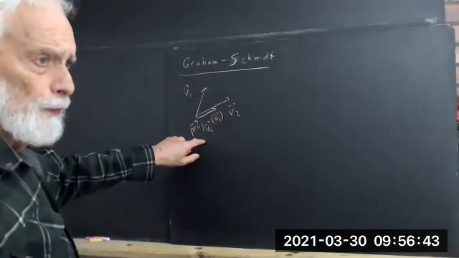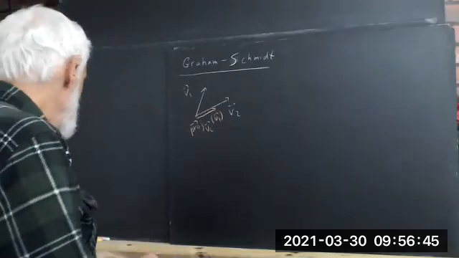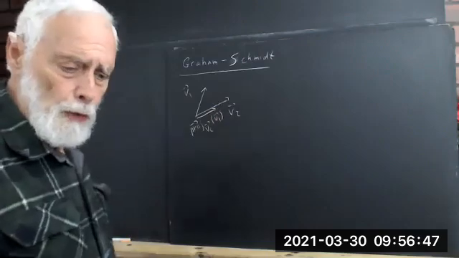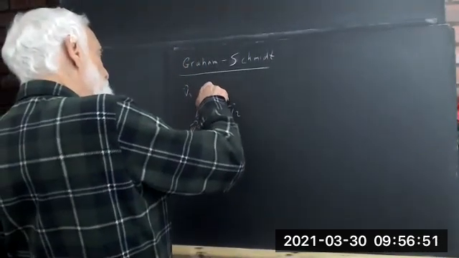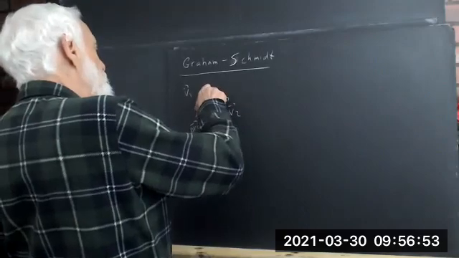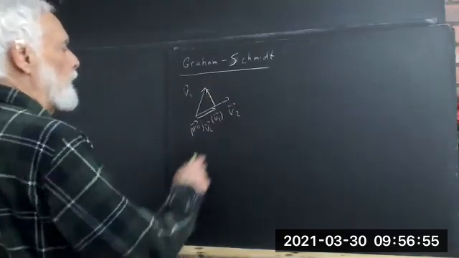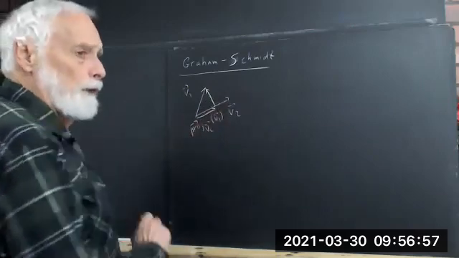In any case, once we have this projection, notice that this vector here is orthogonal to V2.